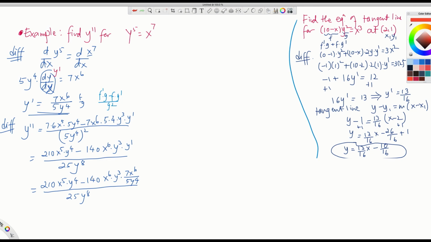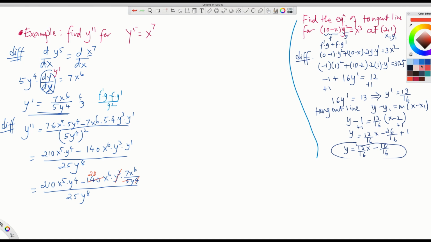Okay, you see that there is something common there. You can divide 140 by 5, how much is that? So is that 28? Right, because 28 times 5 is 140. Also there is y to the cube, which cancels with y to the 4th, so one y is left there.